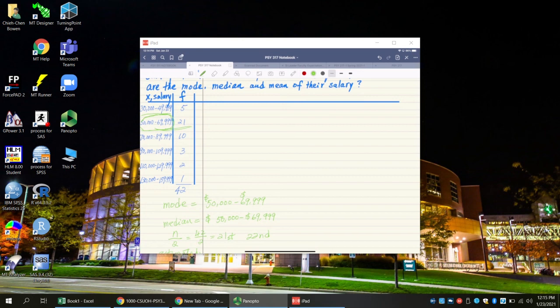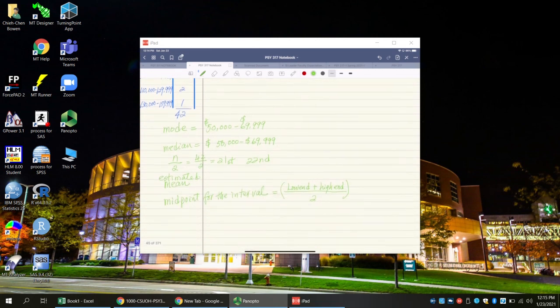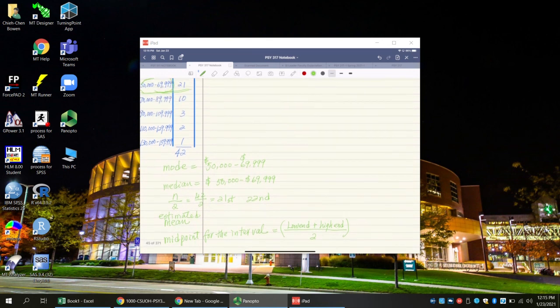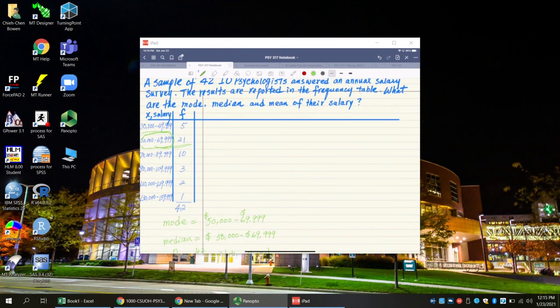So finding the middle point is much better. It's a more unbiased estimate. So we need to identify the midpoint for each interval.